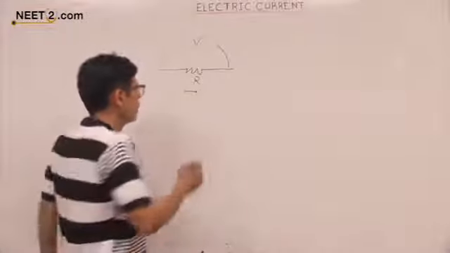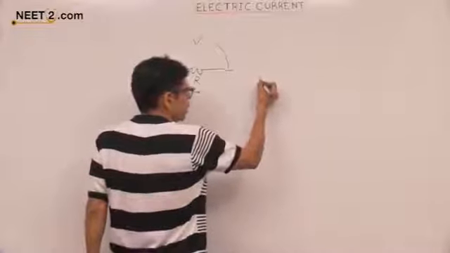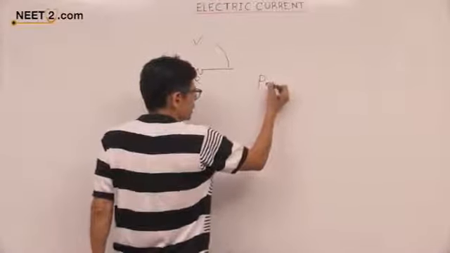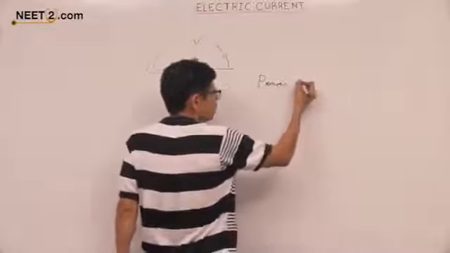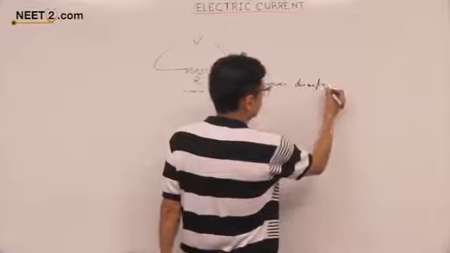So heat is generated. The rate at which heat is generated is known as power dissipated as heat.